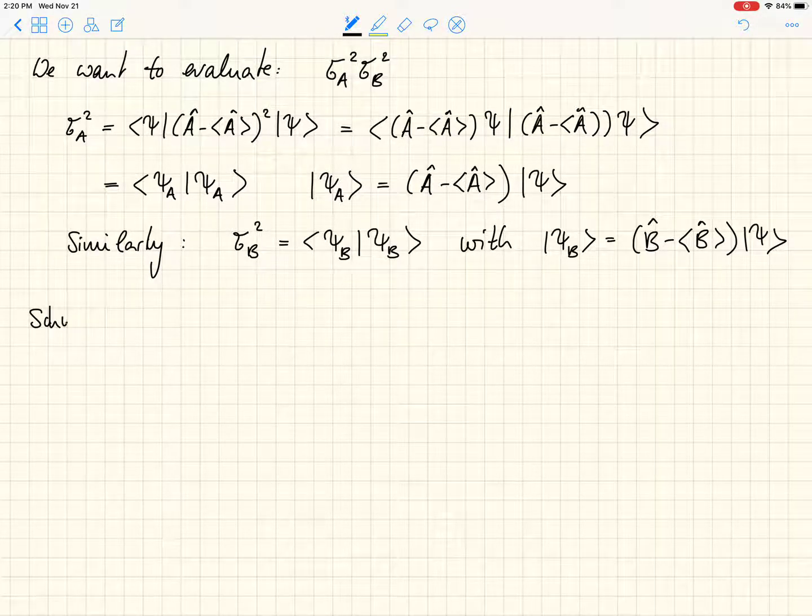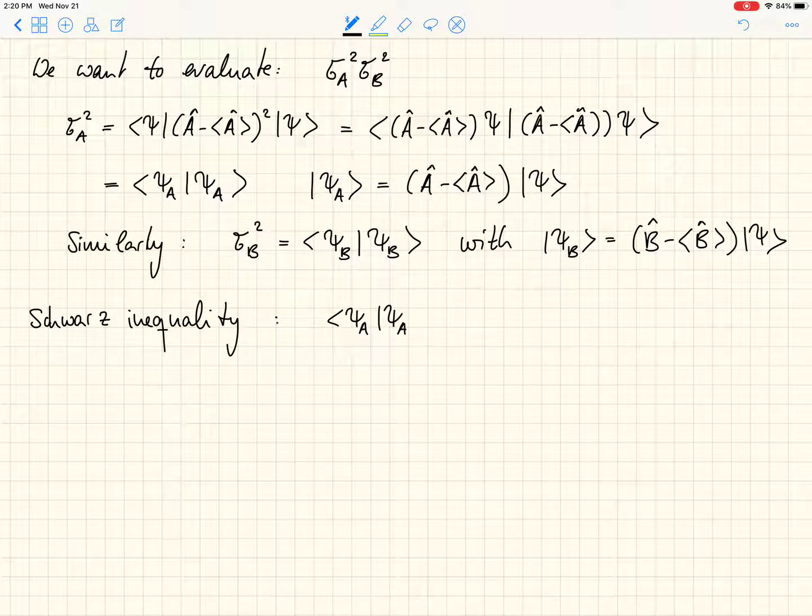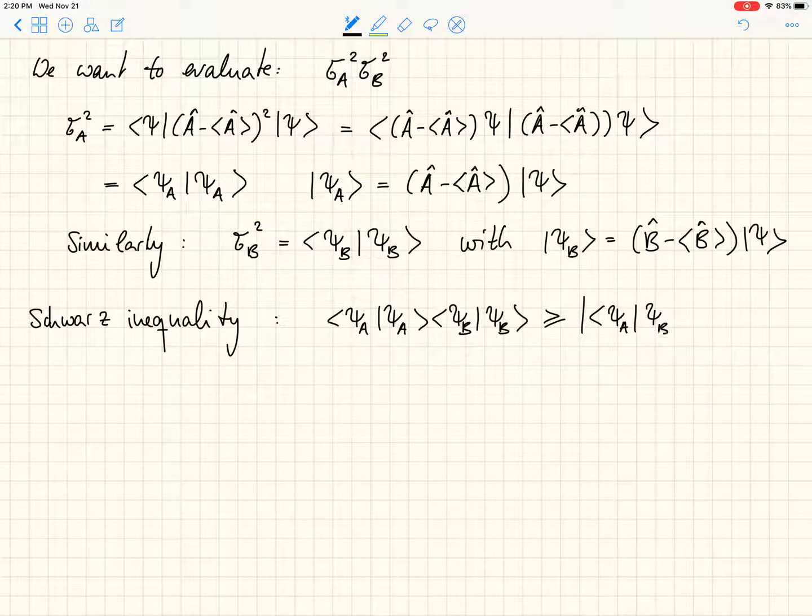The Schwarz inequality gives me that sigma a squared times sigma b squared, now expressed in the notation we just introduced, immediately follows to be larger than or equal to the absolute value squared of the inner product of psi_A and psi_B.